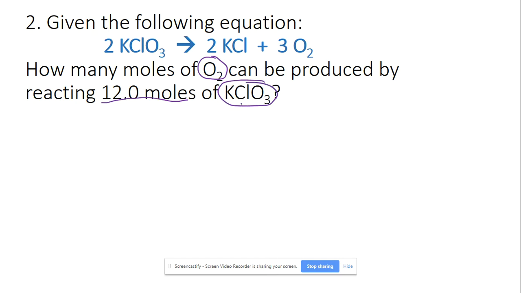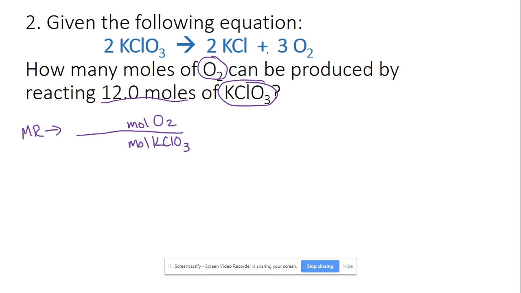All right, so on your handout, I put a little MR, meaning that we need to find the mole ratio in this question. If you notice, they don't mention grams and they don't mention mass anywhere, so we only need to know moles. Our two different compounds that they mention are O2, so on the top I'm going to put moles of O2, and the second compound is KClO3, so I'm going to put moles of KClO3.